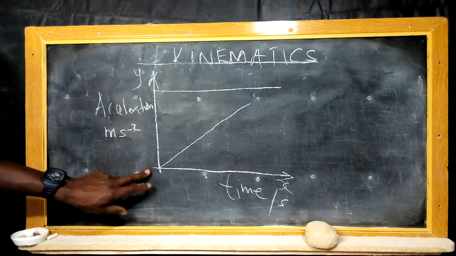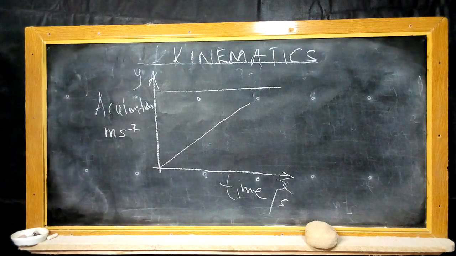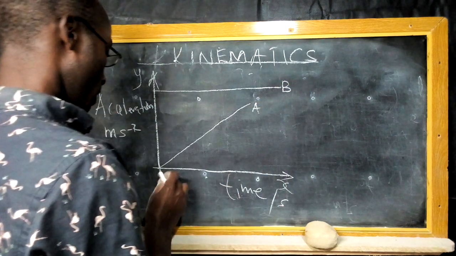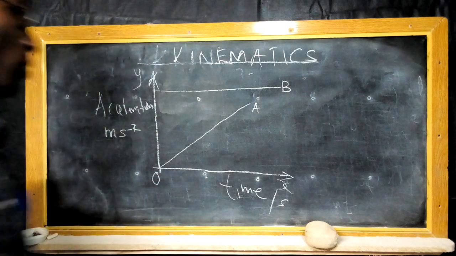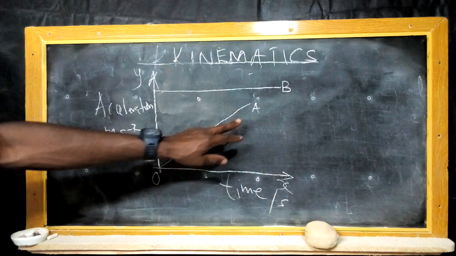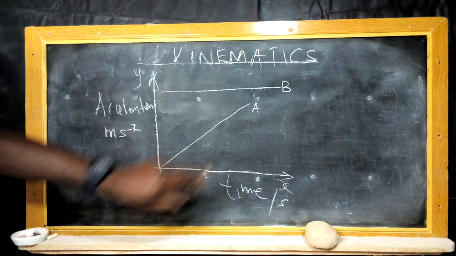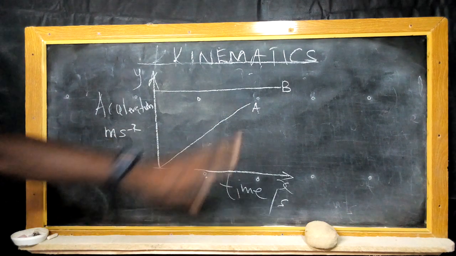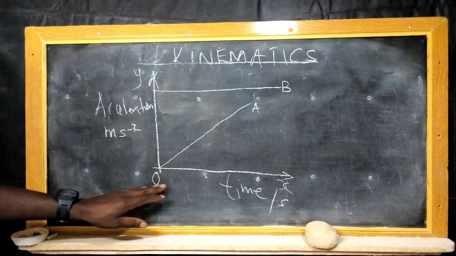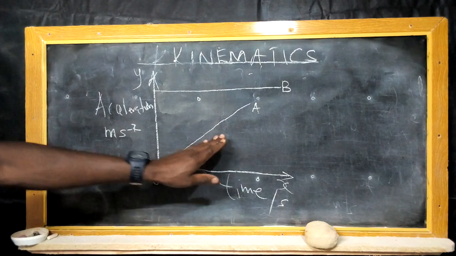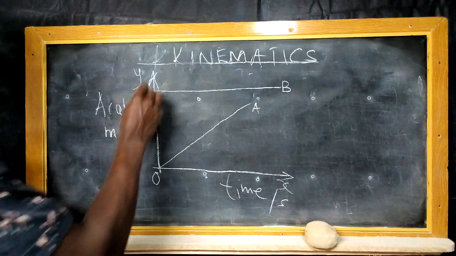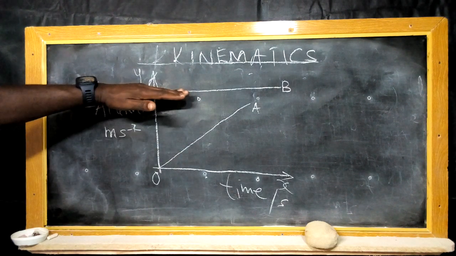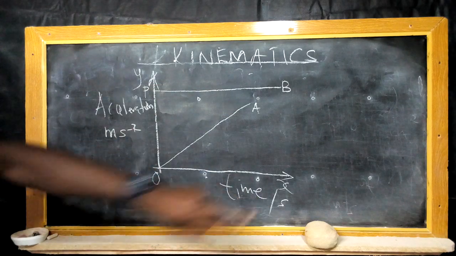For the first line, maybe we can denote it by line A and B, and at the point of origin we write O. So for line OA, we see that the acceleration is changing as time goes by, which means there's a change in acceleration over time. But for line PB, the acceleration is constant, while the time continues to change.